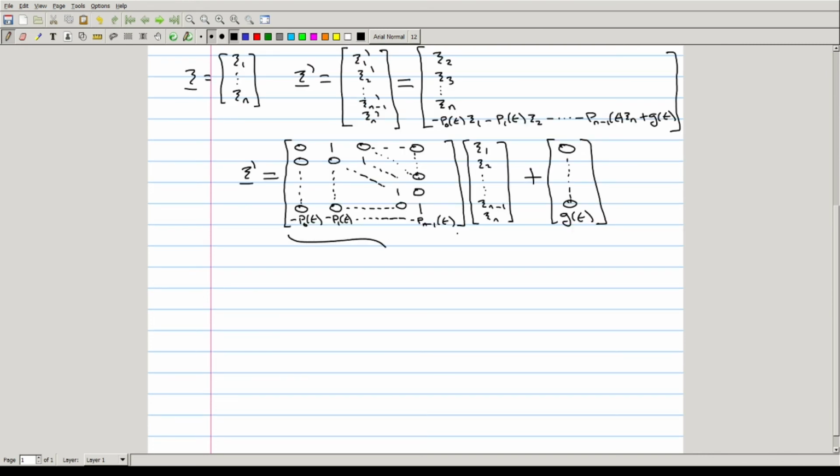This matrix is sometimes called the companion matrix to the nth order ODE above.